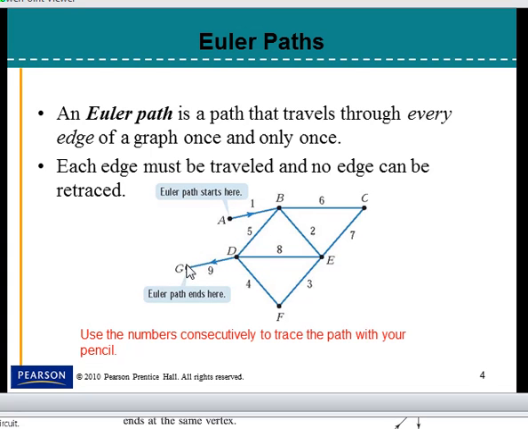You can put a comma between each one, or if you have an arrow going to the right, that's used sometimes between each vertex to show the path symbolically, by using the letters.